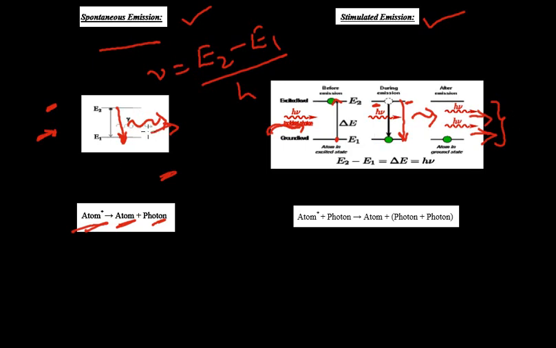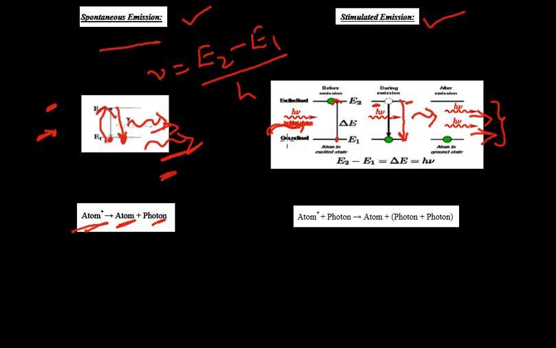But here, in case of spontaneous emission, the photon released by the atom while coming back from excited state to ground state will not be in phase with the photon which the atom has absorbed when it jumped from ground state to excited state.